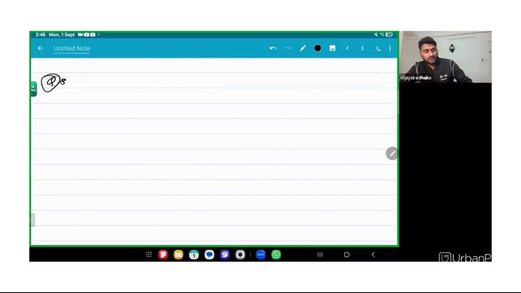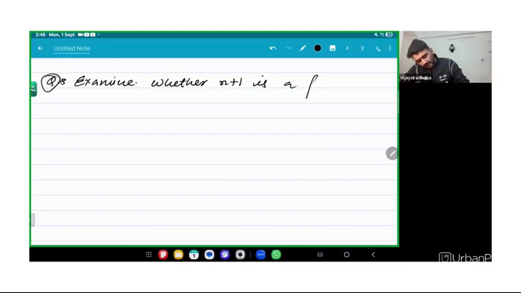So the question is, examine whether x plus 1 is a factor of p of x is equals to x cube plus 3x square plus 5x plus 6.